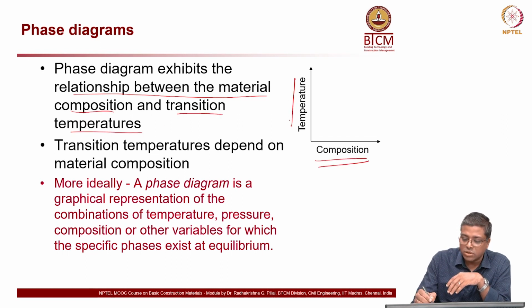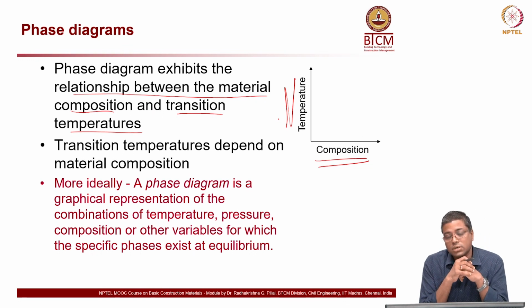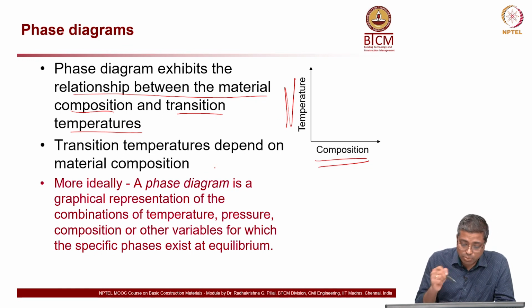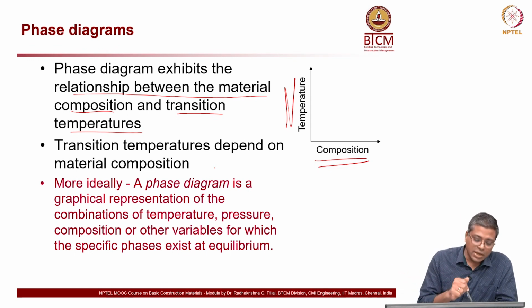And these transition temperatures depend on the material composition. It is not that the transition temperature is the same for all materials. It definitely depends on the combination of the materials, or the mixture proportion of the material.